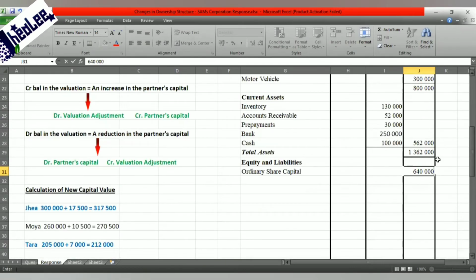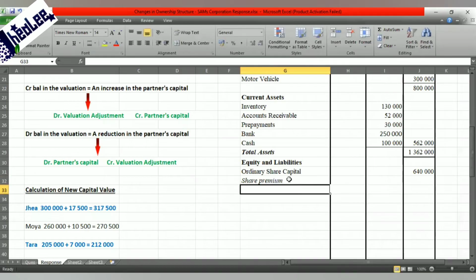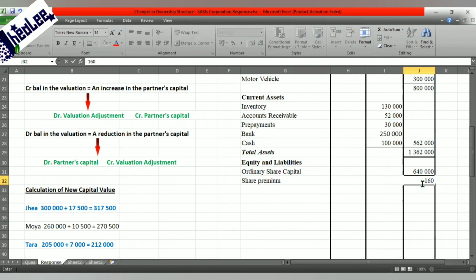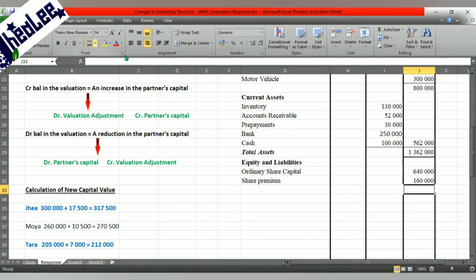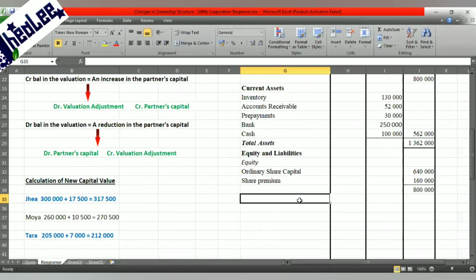So we're going to put in that information into our balance sheet. Share premium, and that's 160,000. Add those two together, and that gives us a total of 800,000.